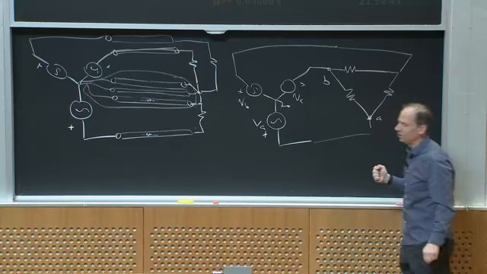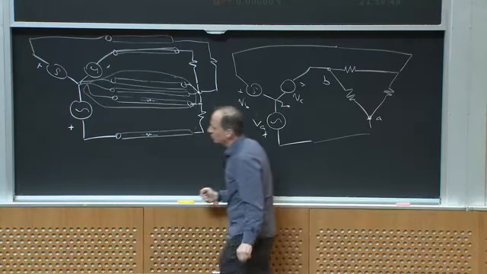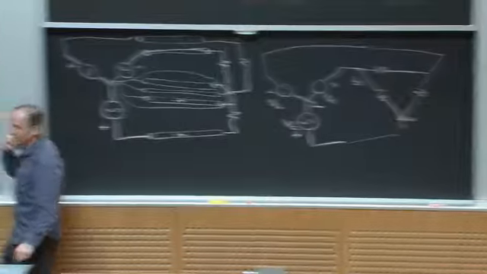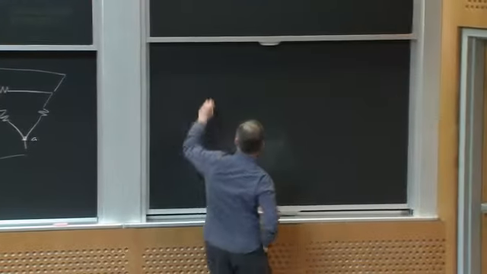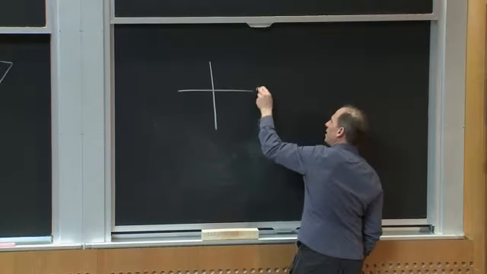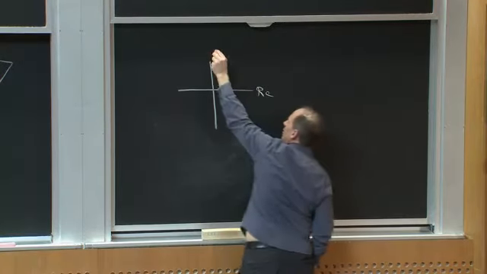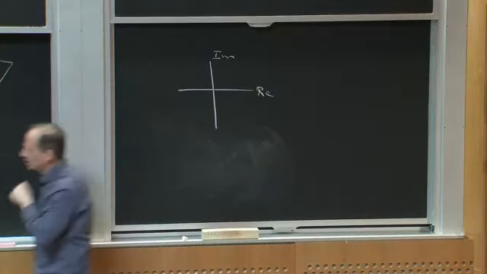What does VAB look like? This is where phasors come in really handy. Here's my complex plane. I'm just going to draw the real and the imaginary axis. Let me keep consistent.